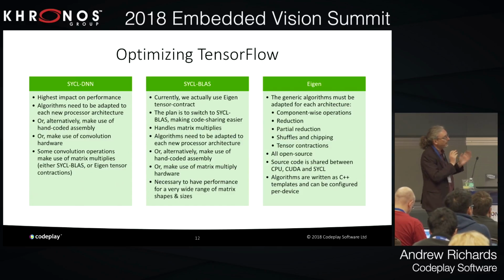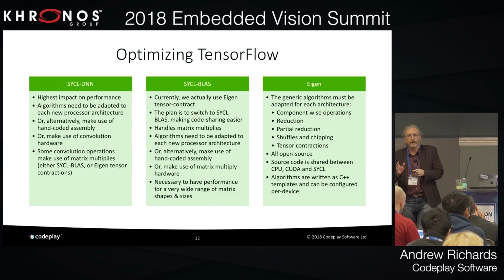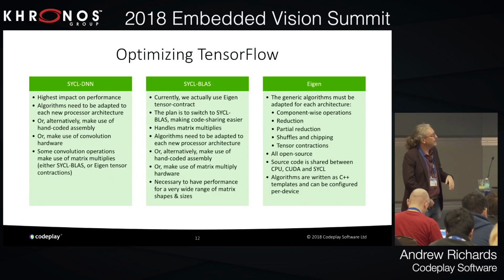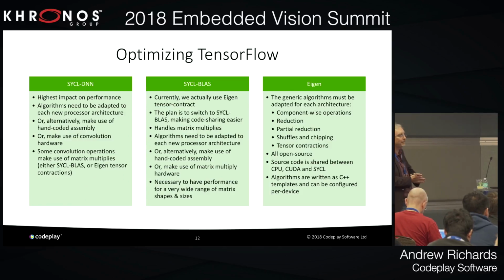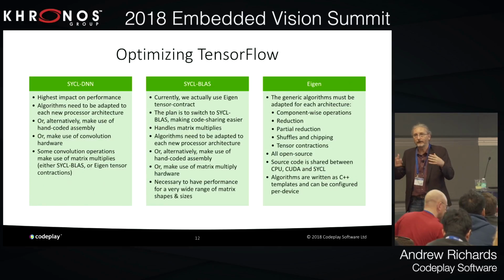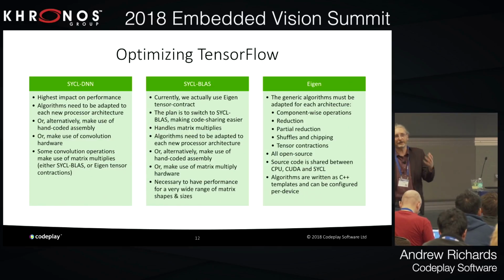Some convolutions actually make use of matrix multipliers. There's a thing in neural networks which mystifies me called one-by-one convolutions, which actually are a matrix multiplier. I don't know why they call them one-by-one convolutions, but they like to pretend. And then there's other things like the Winograd technique, which is a special technique for optimizing convolutions that actually is a matrix multiplier.